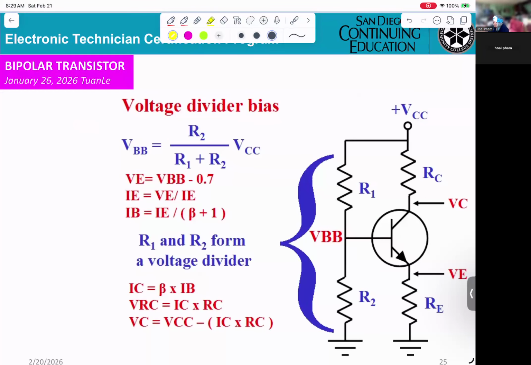First thing is to calculate the VB, right here. This is just a voltage divider. Take VCC times R2 divided by R1 plus R2, you get VB.